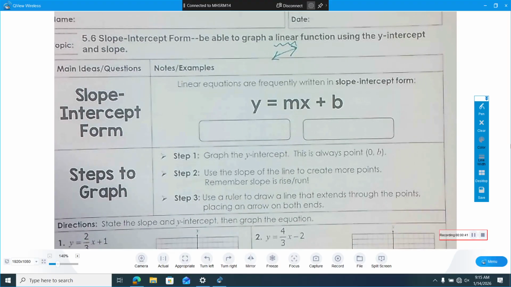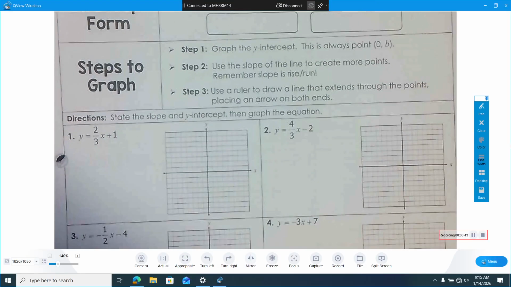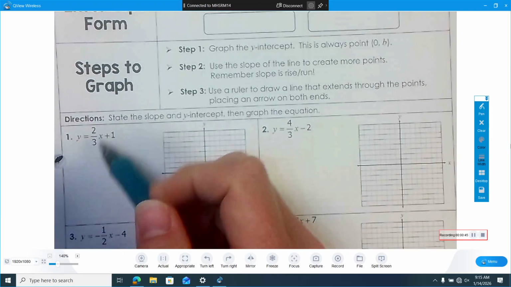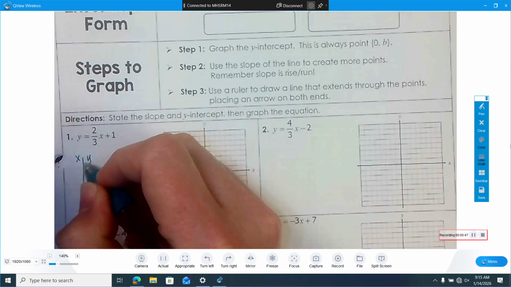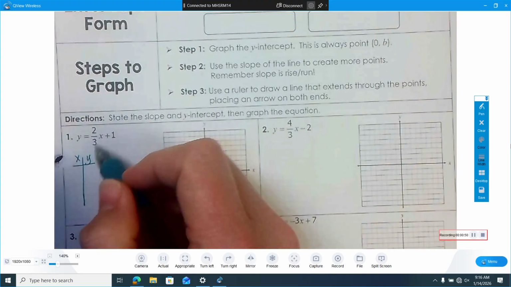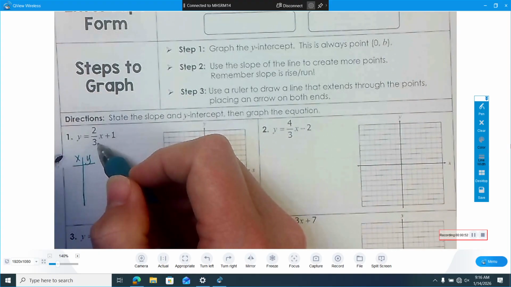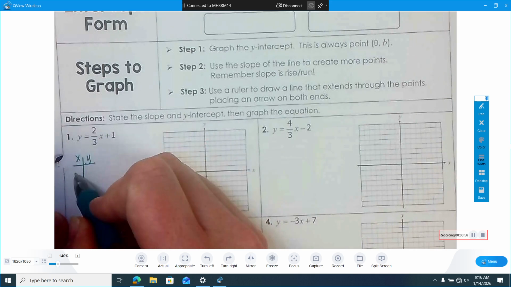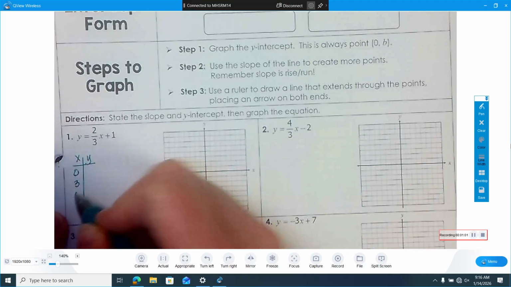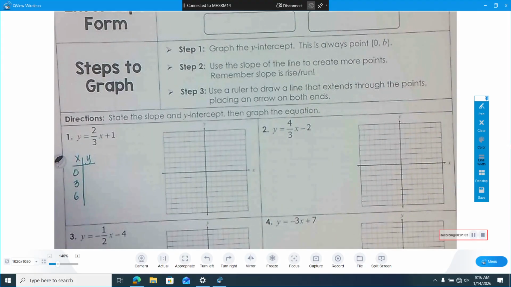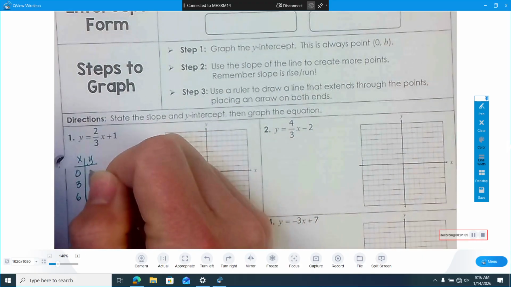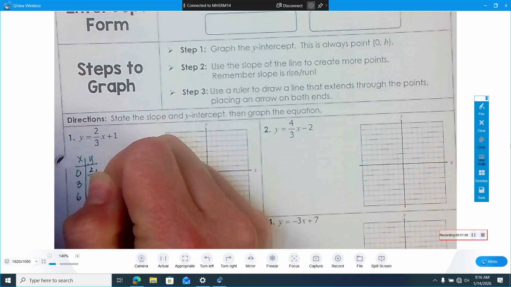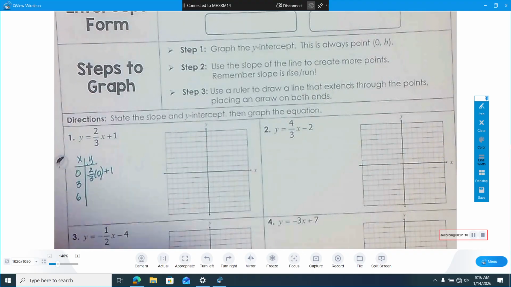And I want to go back and say, hey, if we wanted, we could do a table of values and we could pick numbers to plug in. So I could pick nice numbers. Because of my denominator of 3, I would choose something like 0 and 3 and 6. And I could plug them into 2/3 x plus 1 and I could get my y value.